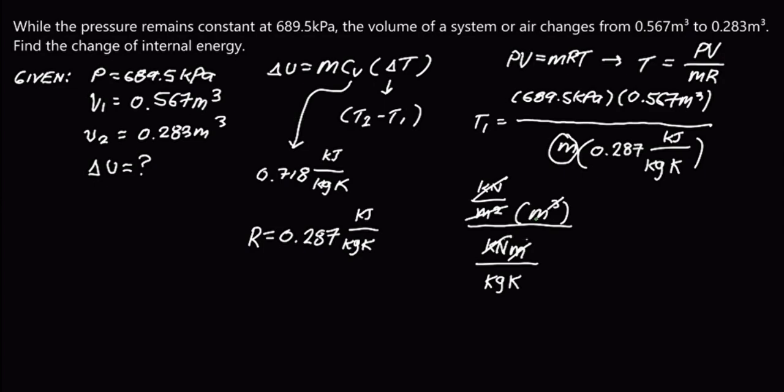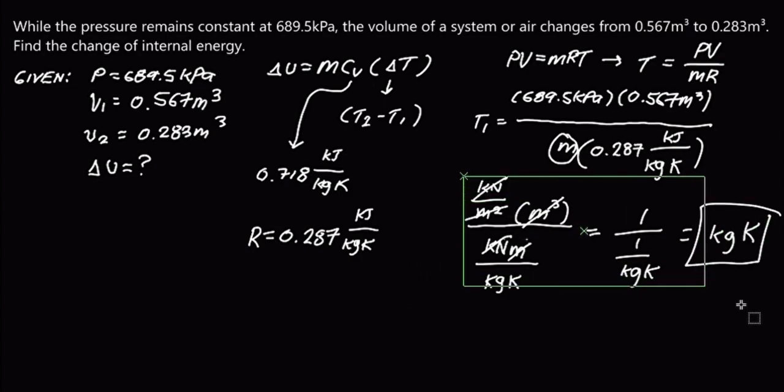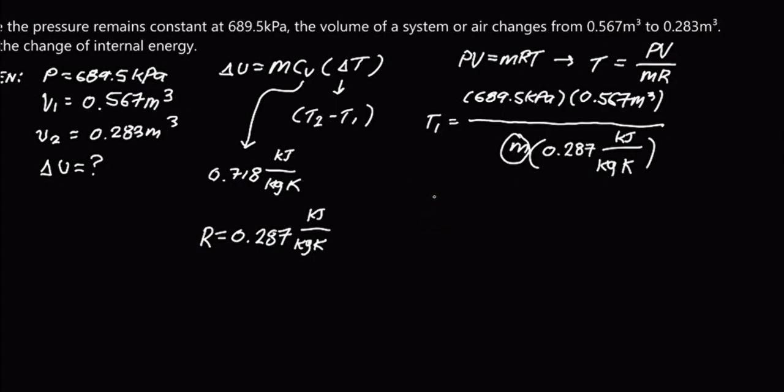After all this cancellation, all we have left is 1 over kilogram Kelvin, which is simply equal to kilogram Kelvin. Typing this all on the calculator will give us a value for T1 of 1362.18 kilogram Kelvin. And let's not forget the m that we excluded earlier on the denominator.